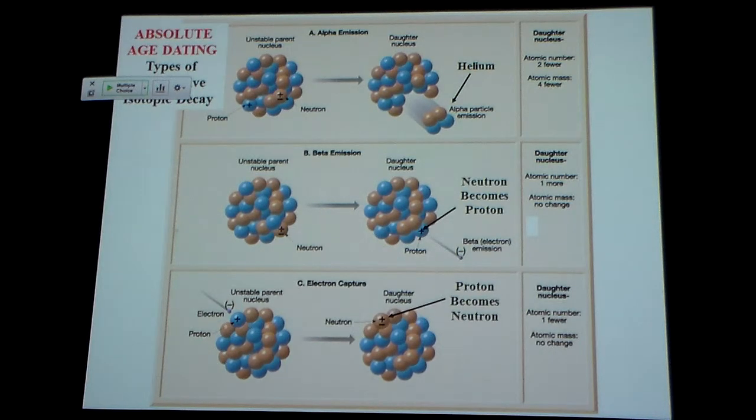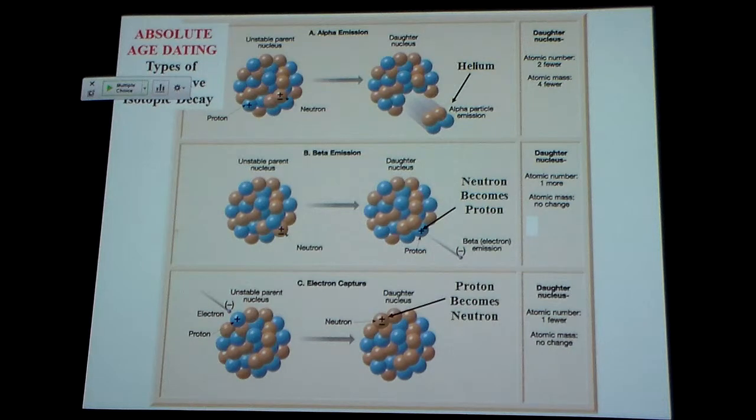And just the opposite thing. And now I've made the atomic number 1 fewer. I've effectively removed a proton. I made it into a neutron. And atomic mass number hasn't changed a whole lot with just a proton-neutron switch.